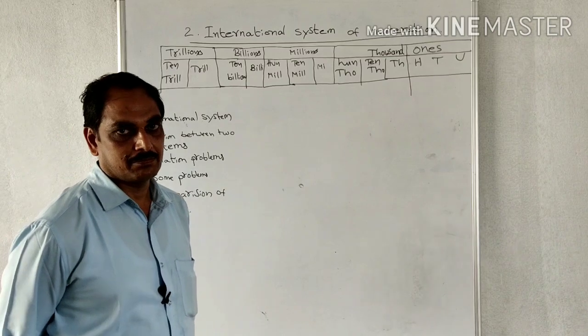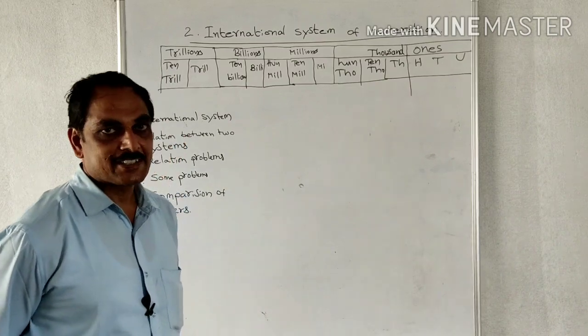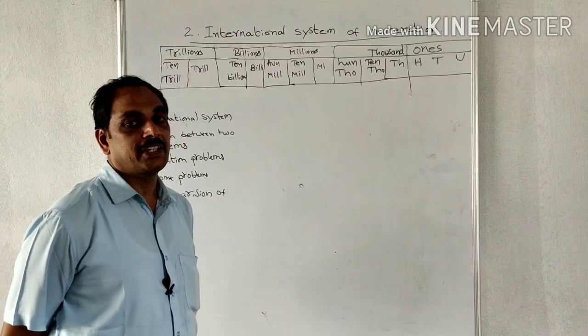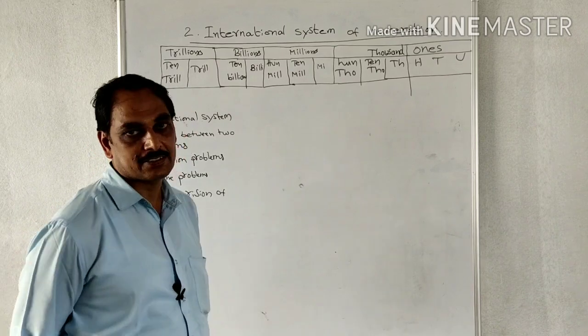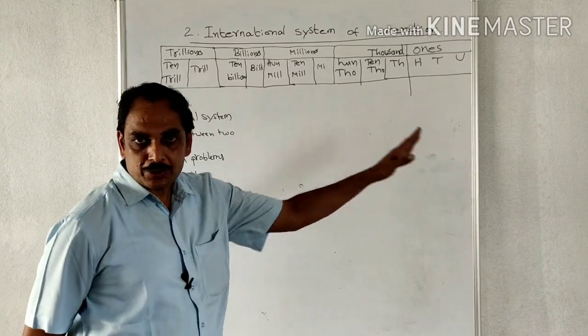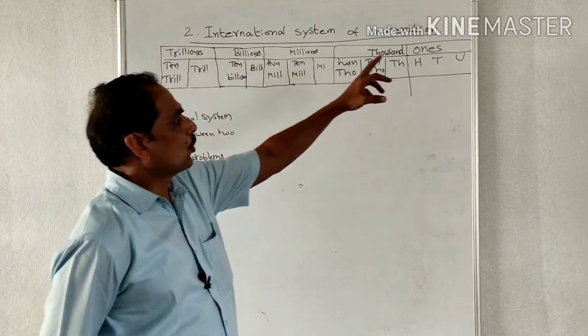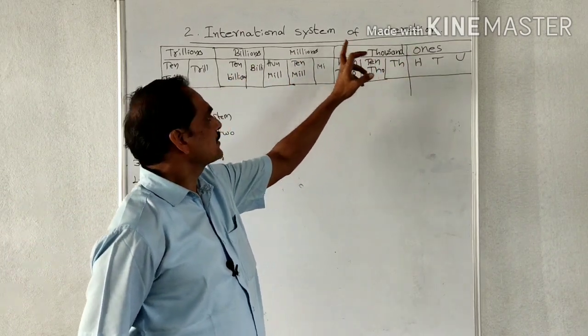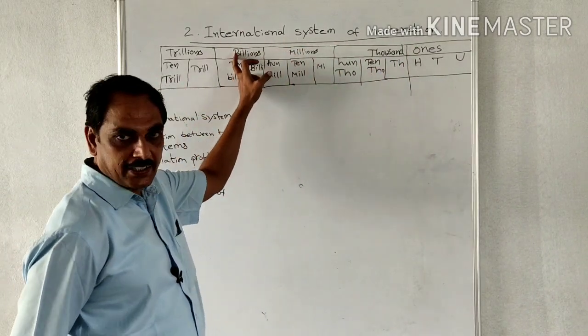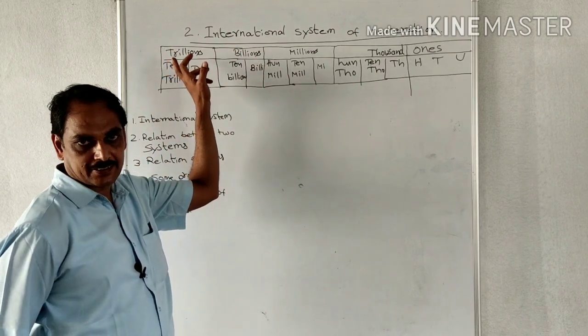In this system, a number is split into periods. The periods from right to left are ones, thousands, millions, billions and trillions.